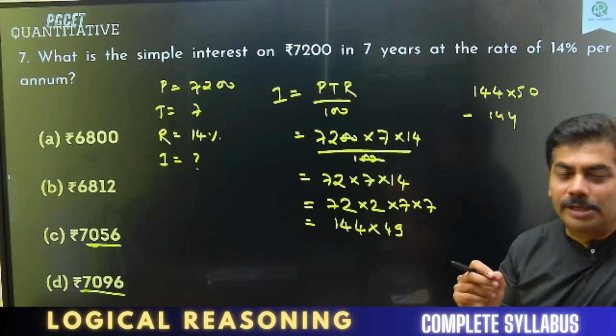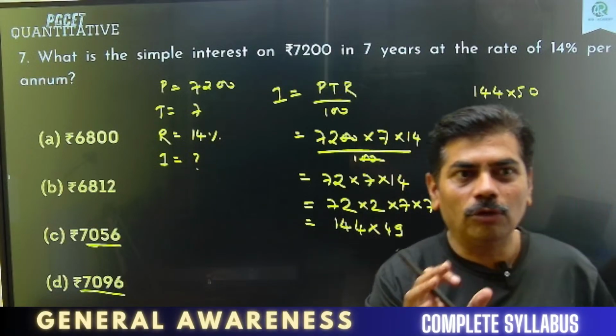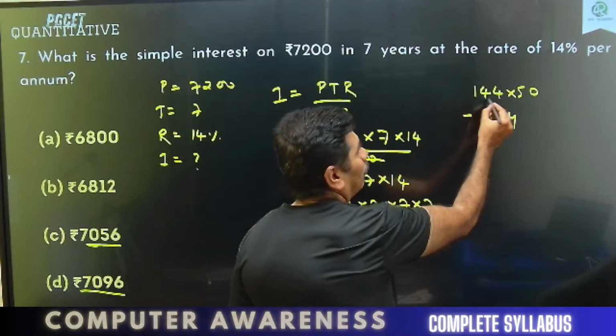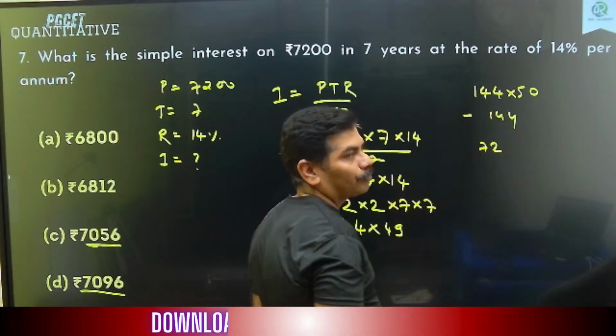I'll tell you what is the simple trick to multiply any number by 5. Simply you have to write half of it. What is half of 144? That is 72.